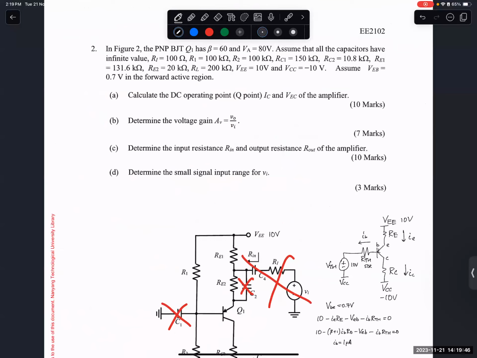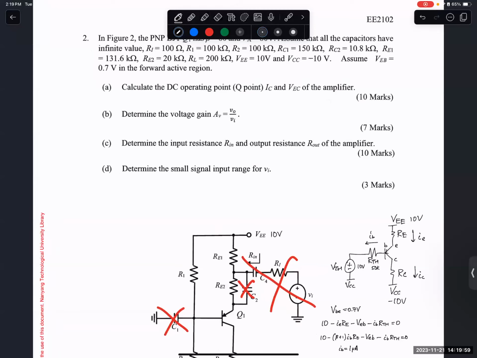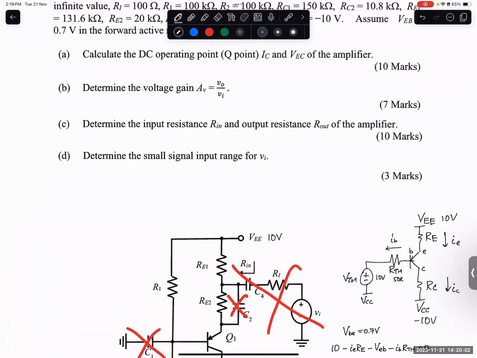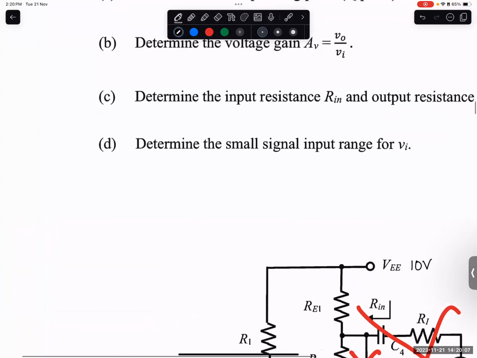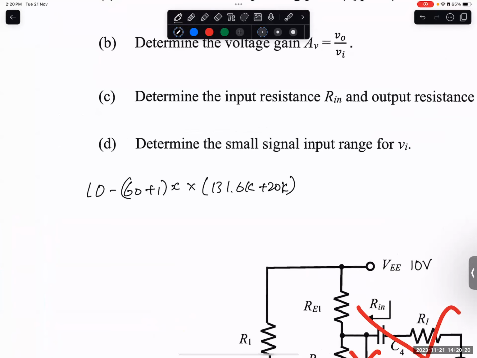Eh? It is equal to 60 plus 1 X mA. Okay, so for those listening, if you have this calculator, the 991EX, go and type 10 minus 60 plus 1, then you put X times your value, 131.6 kilo, plus 20 kilo, minus 0.7.